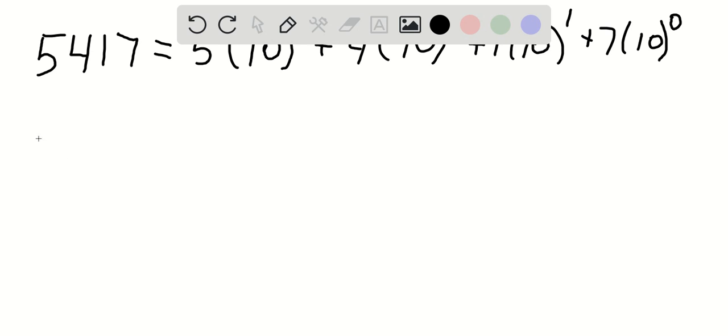But if we look at maybe a base 8 example, how about we had 2516?